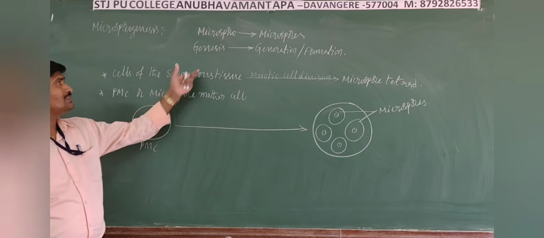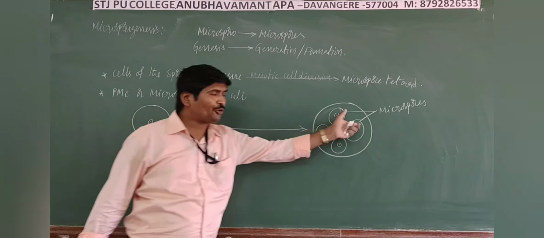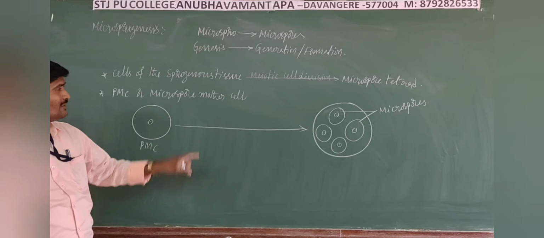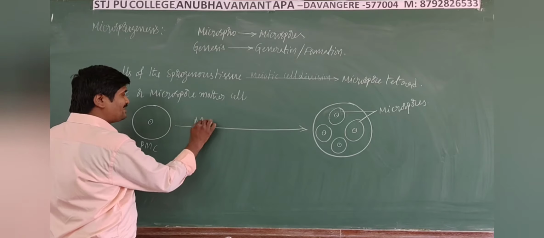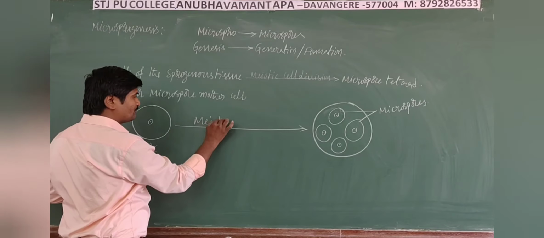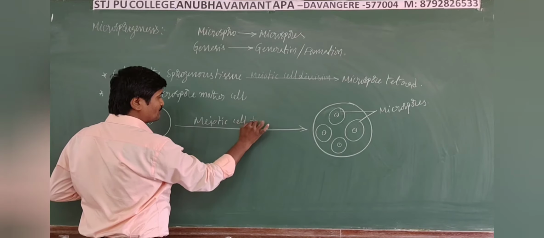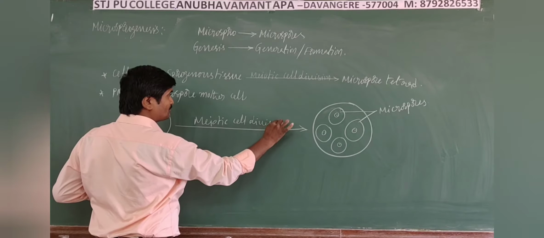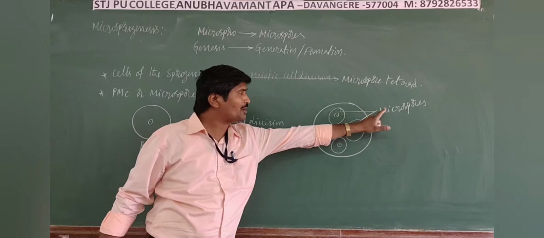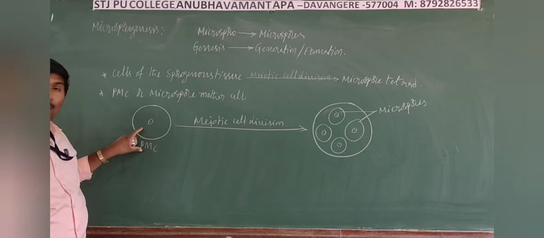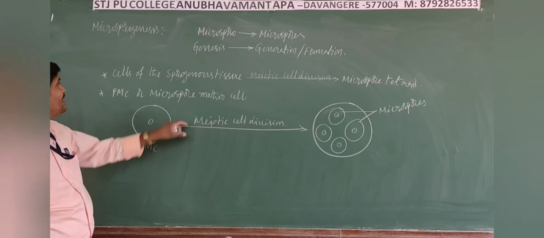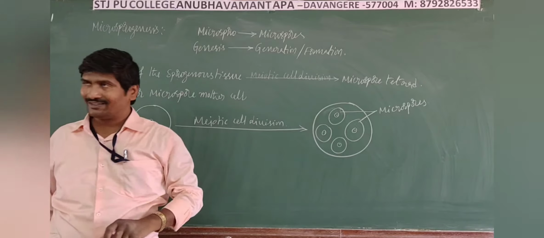The process of the formation of microspores from the pollen mother cell or microspore mother cell through meiotic cell division is known as microsporogenesis. So that is the definition of microsporogenesis.